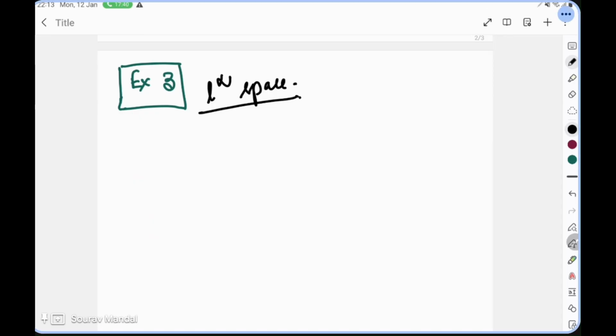What is that? It is the set of all bounded complex sequences.